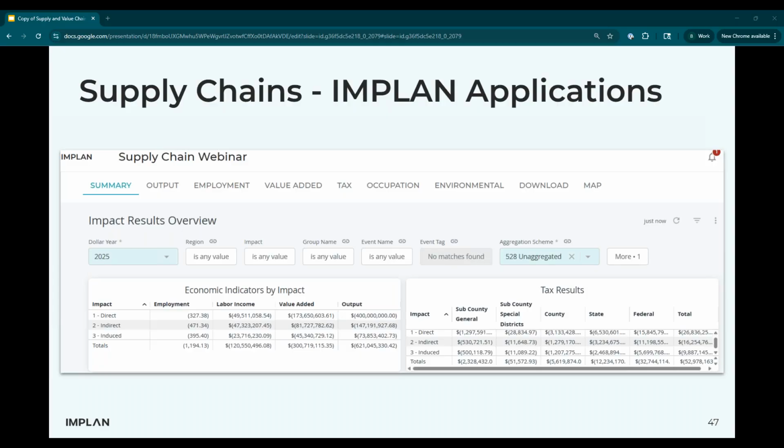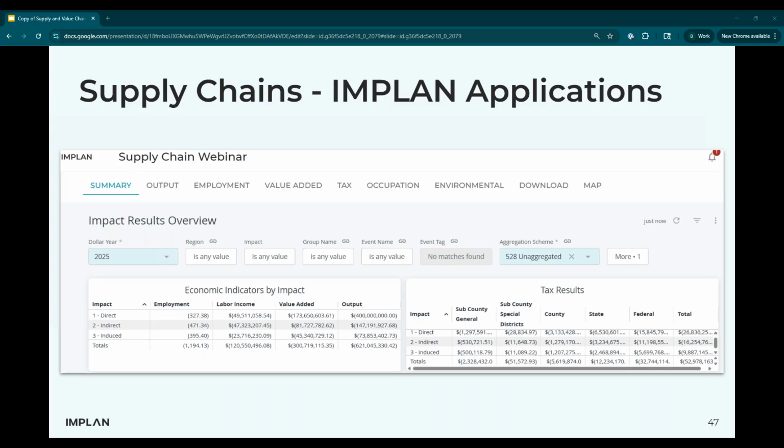Thank you. All right, a follow-up to the answer about the industry across the value chain. We have to model them separately, assuming industries impacted by each step on the value chain, right? Does that need a separate project per industry, or can one project accommodate all industries impacted along the value chain? So it all depends on what you want to look at inside of IMPLAN. If we are looking across the entirety of the value chain, we can do that within one event in IMPLAN.